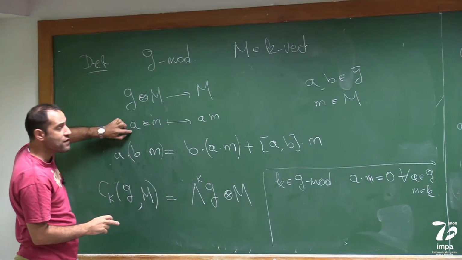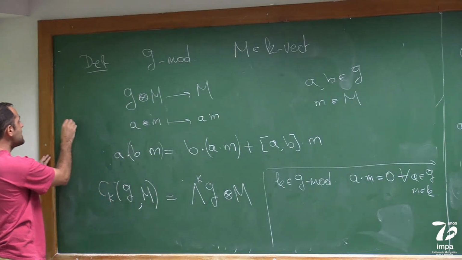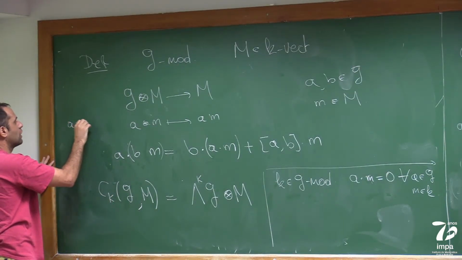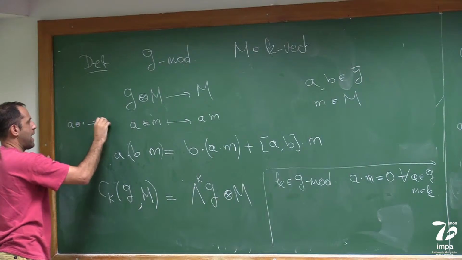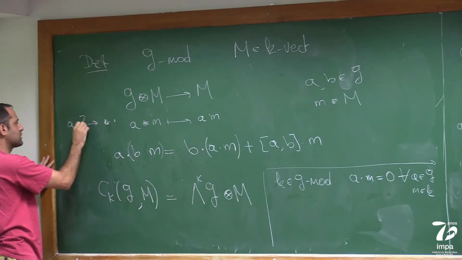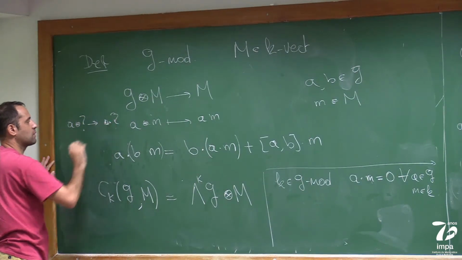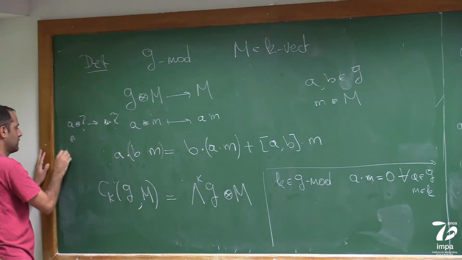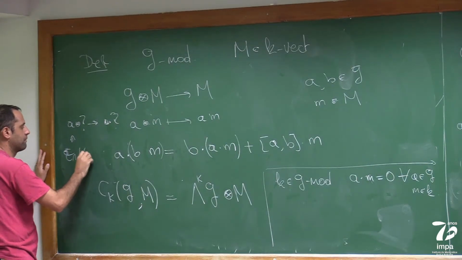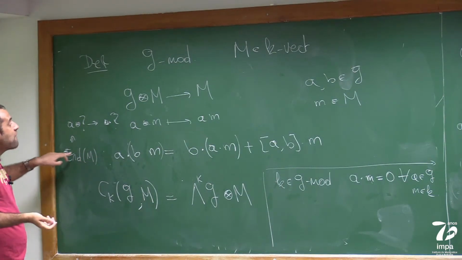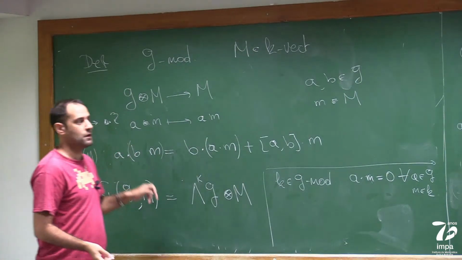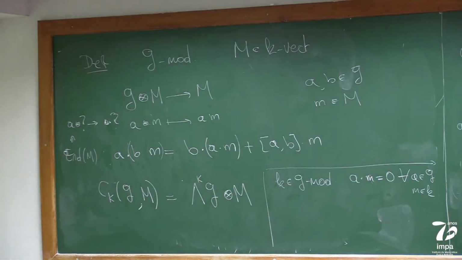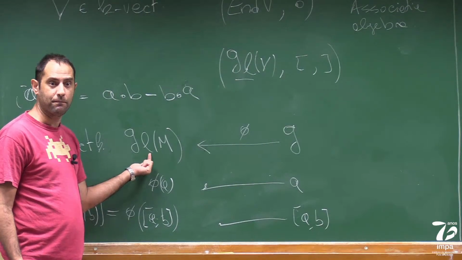That means that for every A fixed, the linear endomorphism A tensor question mark to A dot question mark is a linear endomorphism in endomorphisms of M. And that guy, I'm going to define it to be phi of A. And that gives me that equation defining a homomorphism. So we get a homomorphism of Lie algebras from G to GLM.